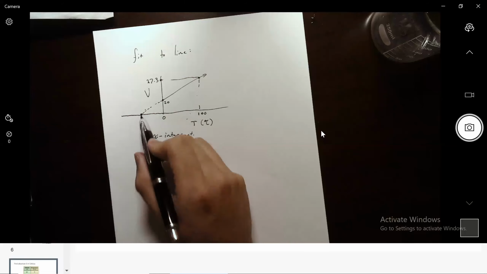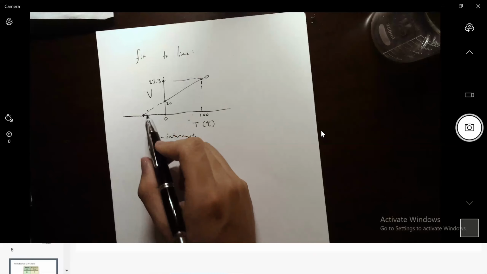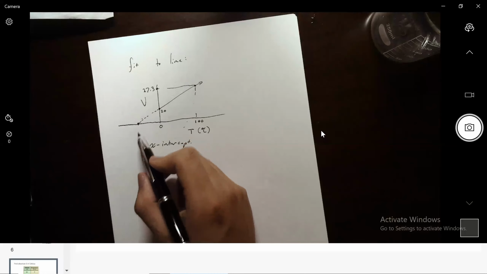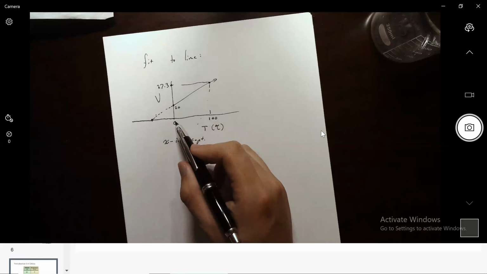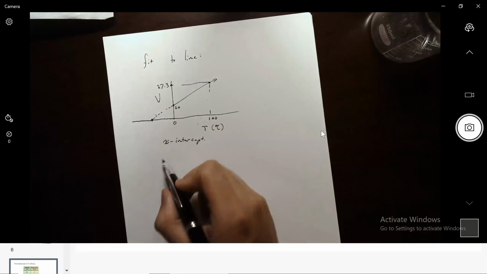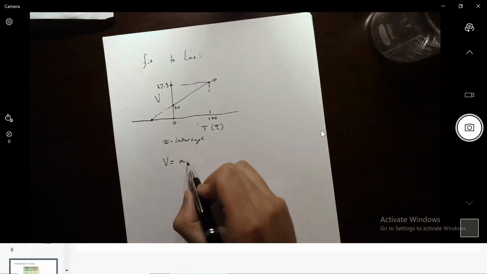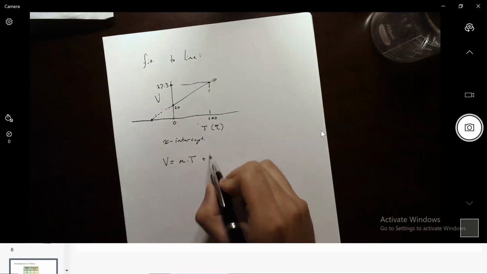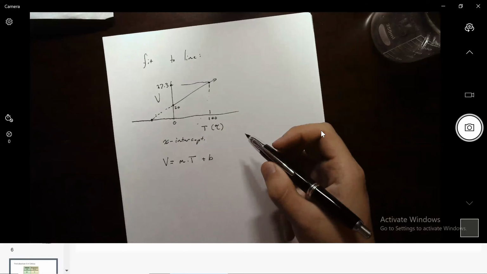This will tell us when the volume is 0 and when the absolute temperature is 0, okay? So how do we do this? We need to find the equation of the line, okay? So we need to find some relationship where volume equals m times temperature plus b, where m and b are constants.